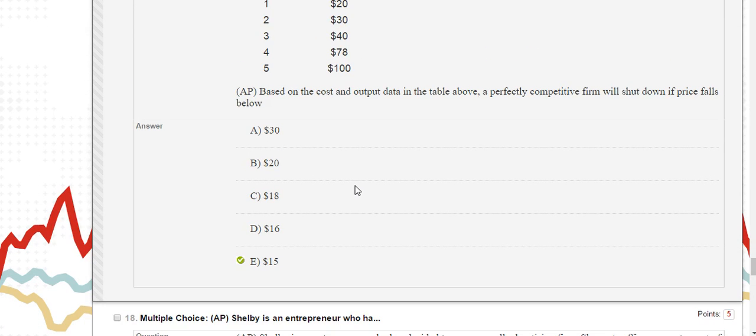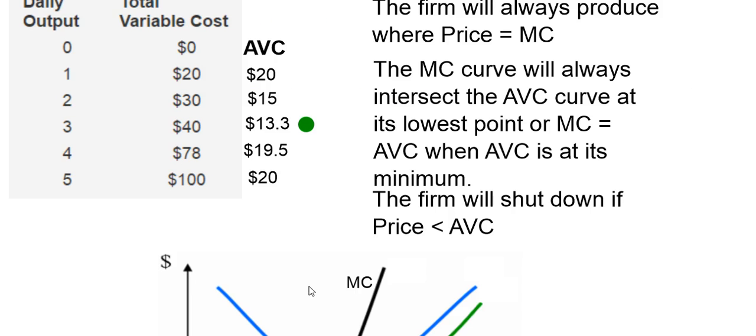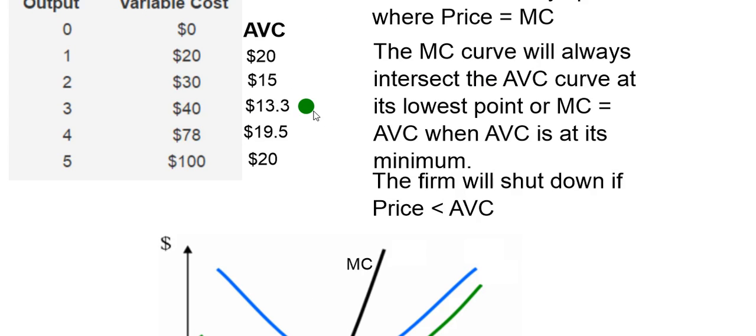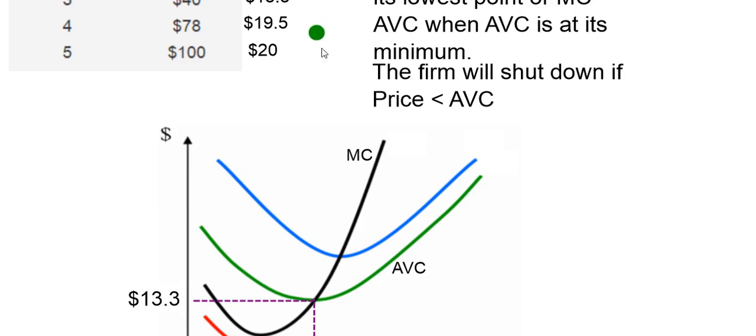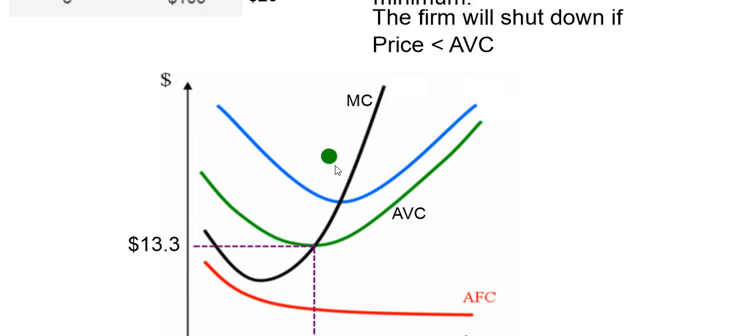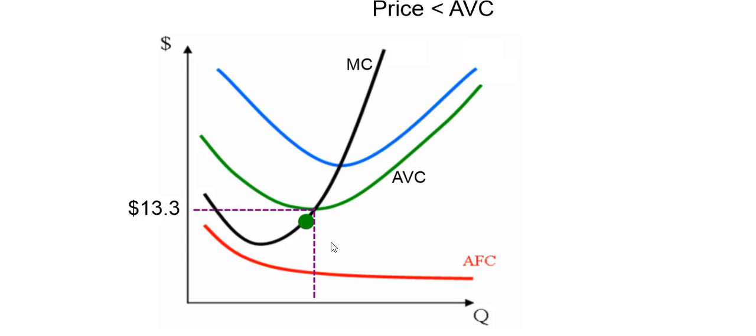Okay, the key is understanding that in order for the firm to shut down, the marginal cost or price has to be below the lowest point of the average variable cost curve.